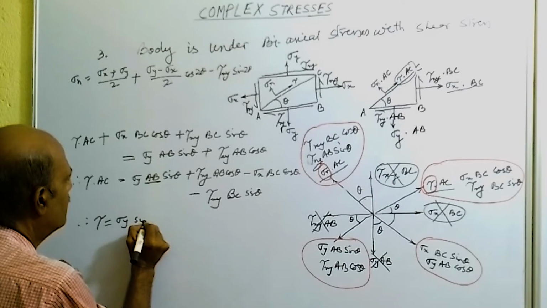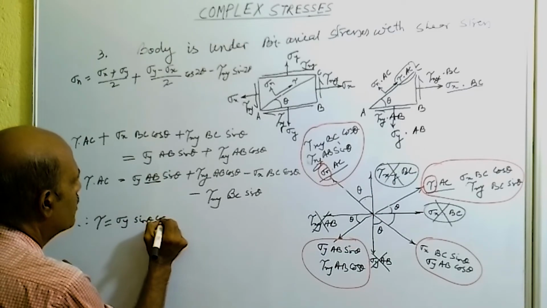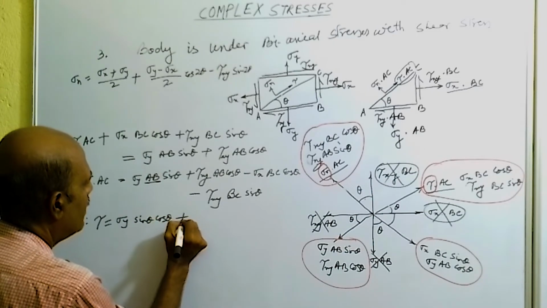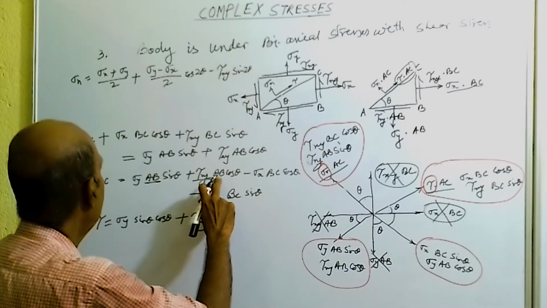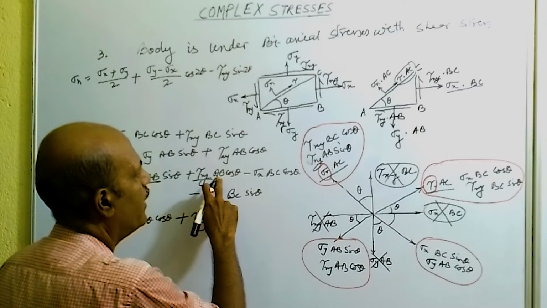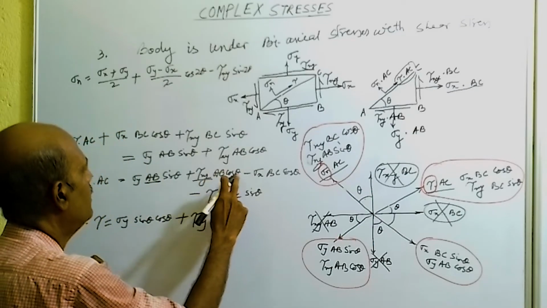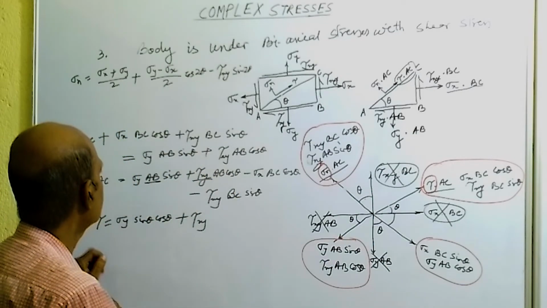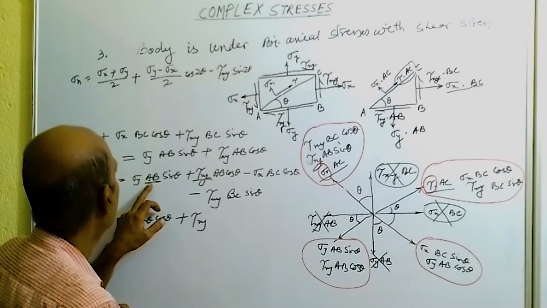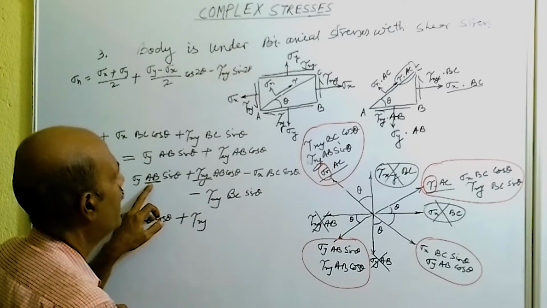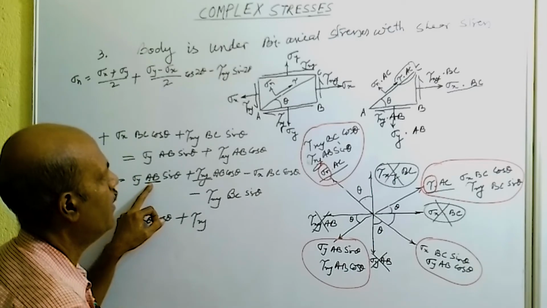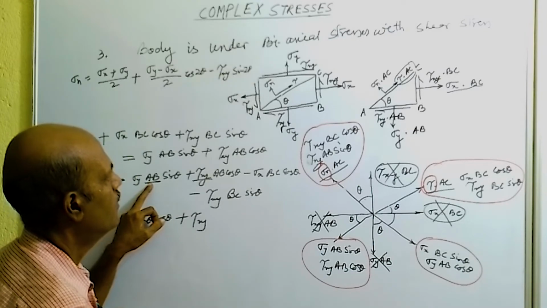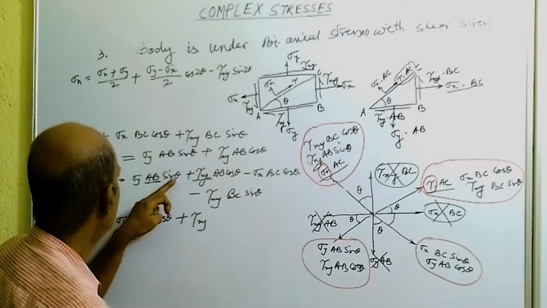So we can write sin theta cos theta plus tau xy AB by AC, that is cos theta into cos theta, and AB by AC is cos theta into sin theta.